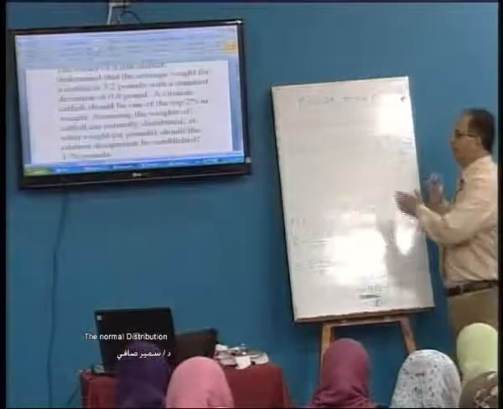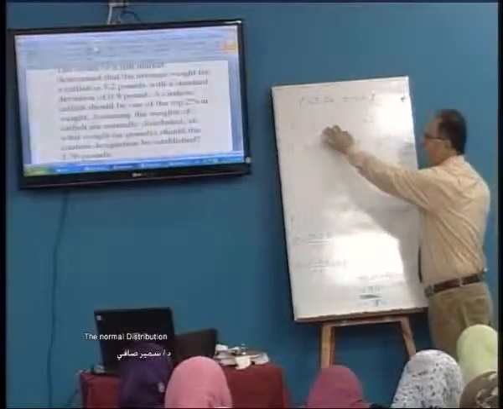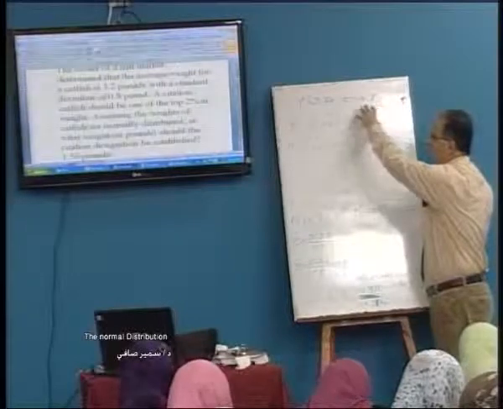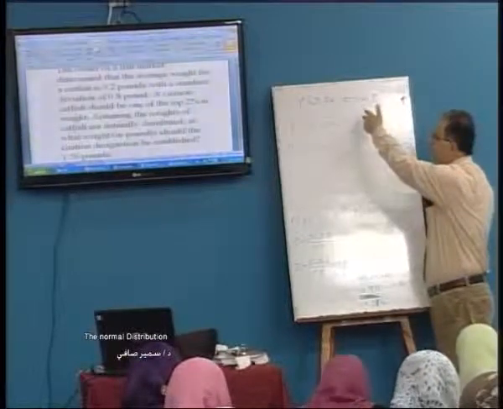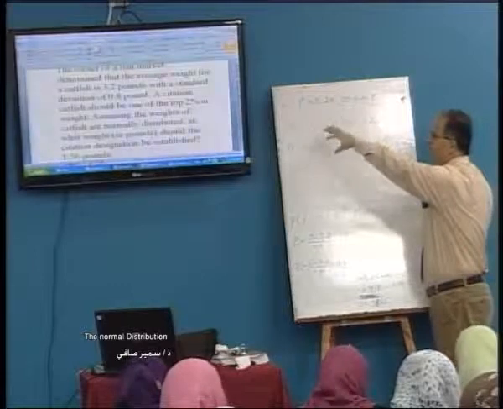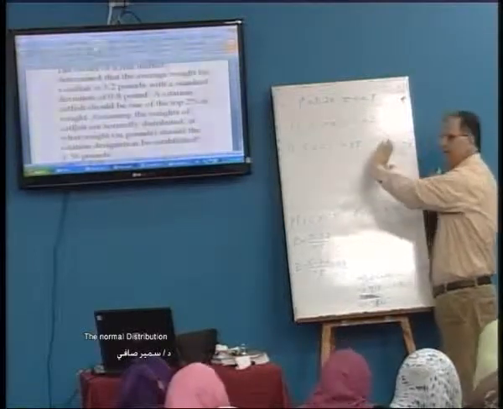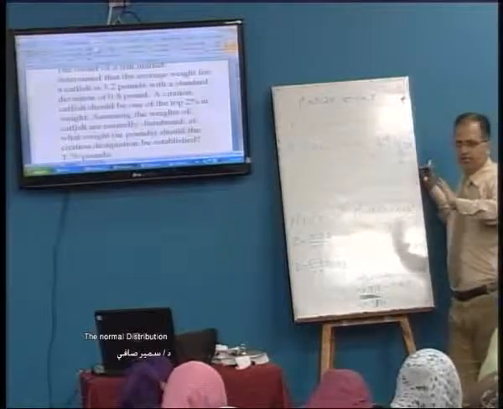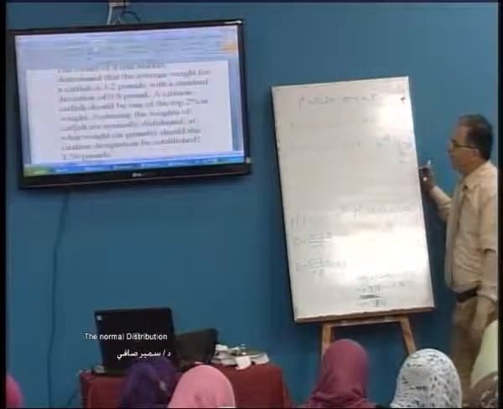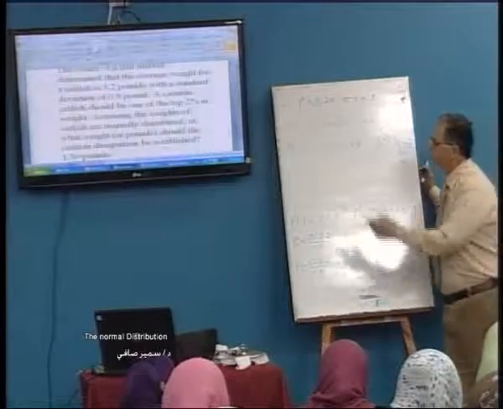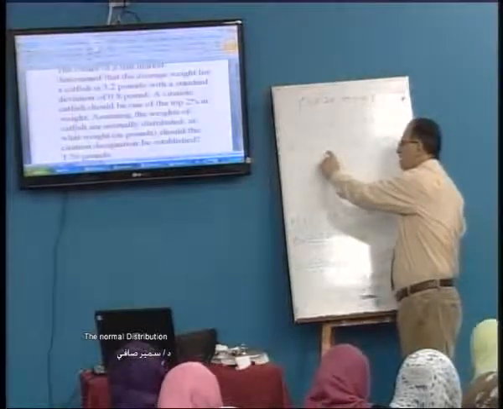So now, if you ask about P of x greater than a certain value equals a probability of, for example, 0.02, you have to find the probability to the left, which is 0.98, because our table gives the area to the left. Now, we have to find the value of a such that the probability of x less than a equals 0.98.